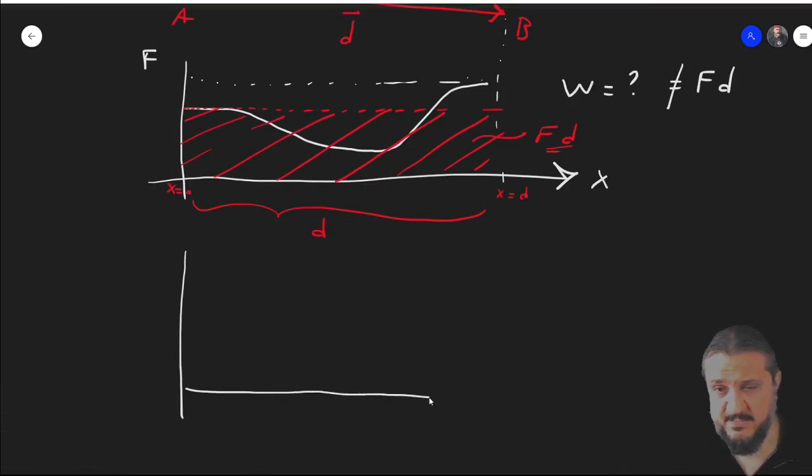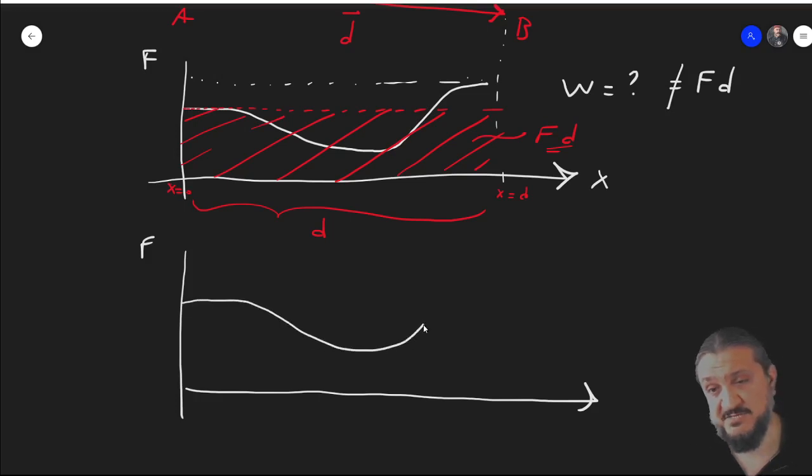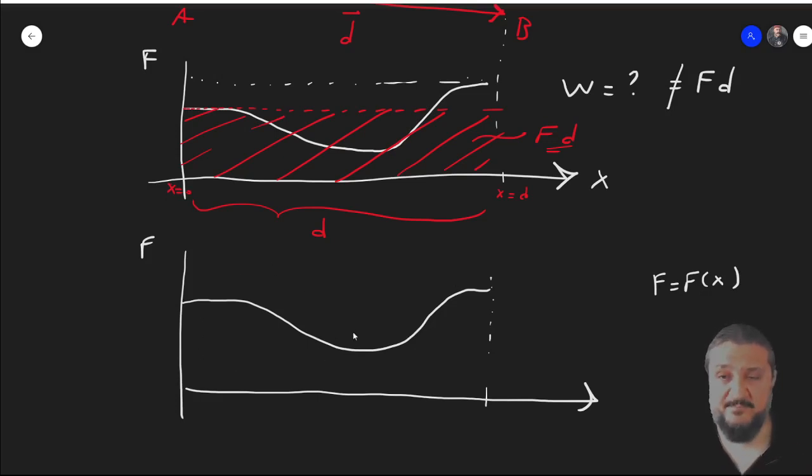So, your function, again, we're talking about F as a function of distance, not as a function of time. There will be a place where we actually consider changes with respect to time as well. But for the time being, we're looking at force as a function of x. F is a function of x, f of x, whatever function you have. I just drew some arbitrary one.